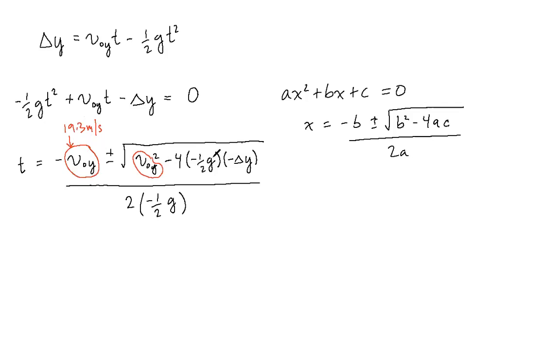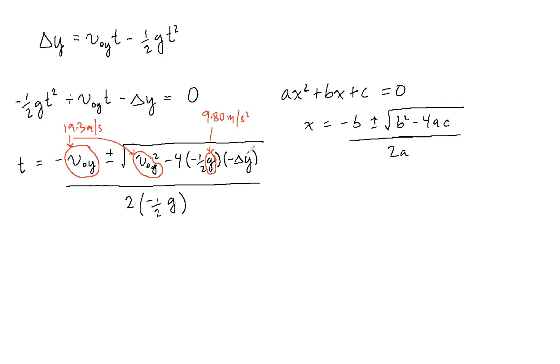And then g, of course, we're going to plug in 9.8 meters per second squared.